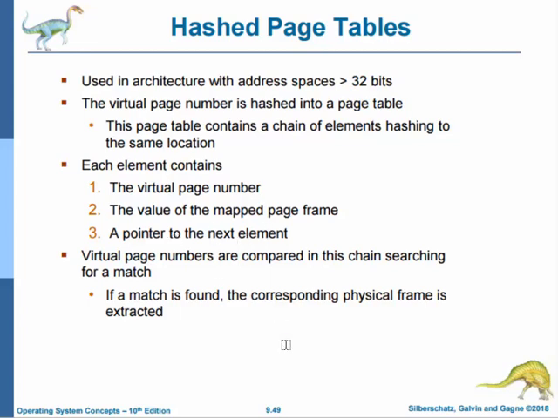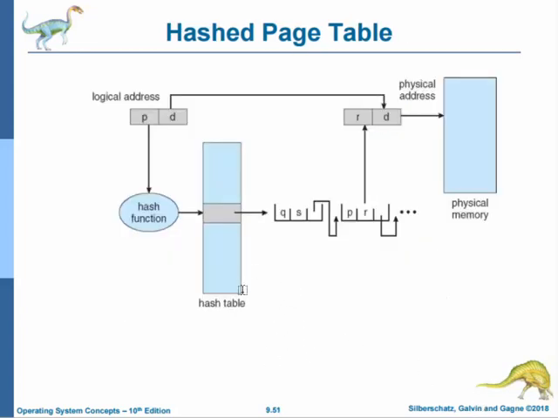So how does it work? For example, the virtual page number in the virtual address is hashed into the hash table, and the virtual page number is compared with field 1 in the first element in the linked list. If there is a match, the corresponding page frame, or field 2, is used to form the desired physical address.